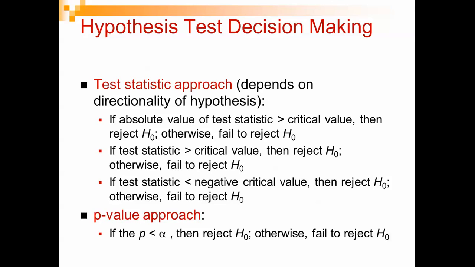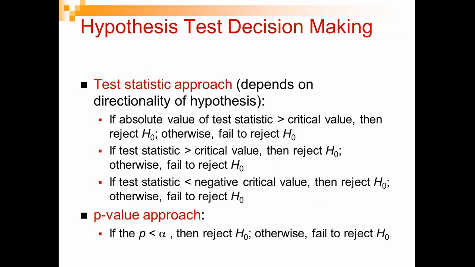Otherwise, we fail to reject the null hypothesis. If the test statistic is greater than the critical value, we reject. Otherwise, we fail to reject. If the test statistic is negative or less than the negative critical value, then we reject the null hypothesis. Otherwise, we fail to reject. So that's if we're using a two-tailed test.